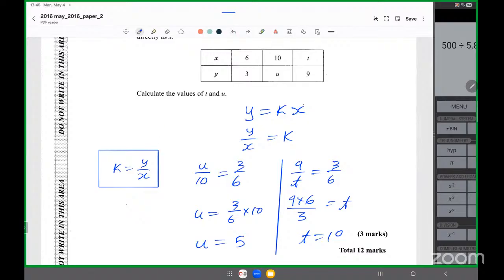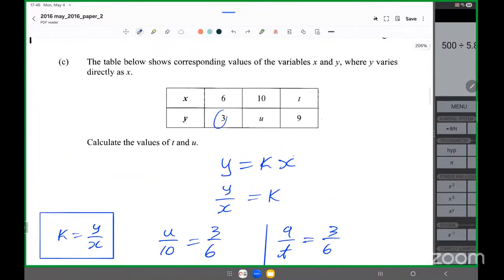The y over x is a constant, right? So look at what this y over x is. This over this is a half, right? So the value here is always half of this value. So this value is half of this, so it must be 5. And this value is half of this, so this must be 18. It's not complicated.